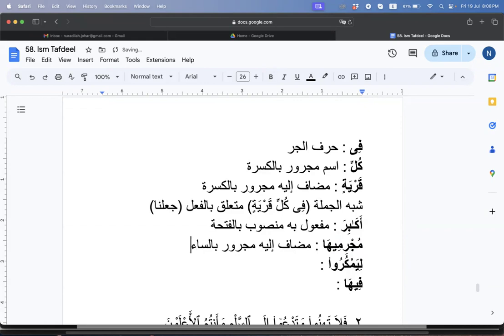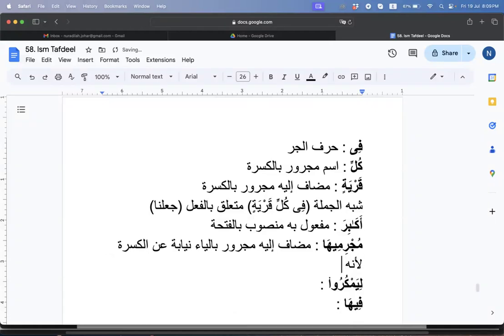It's not our normal, default sign. So we say bil niyabatan, niyabatan an al kasra. Fi mahali jar, because it is what kind of word? Is this singular, dual, plural?